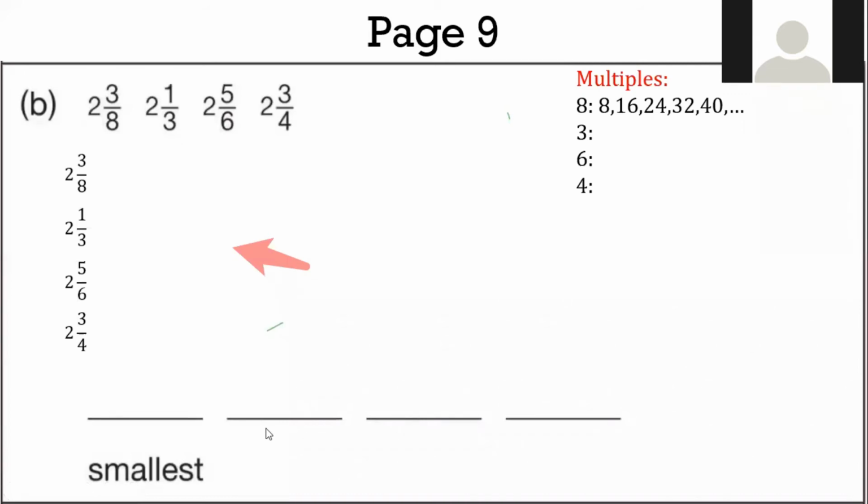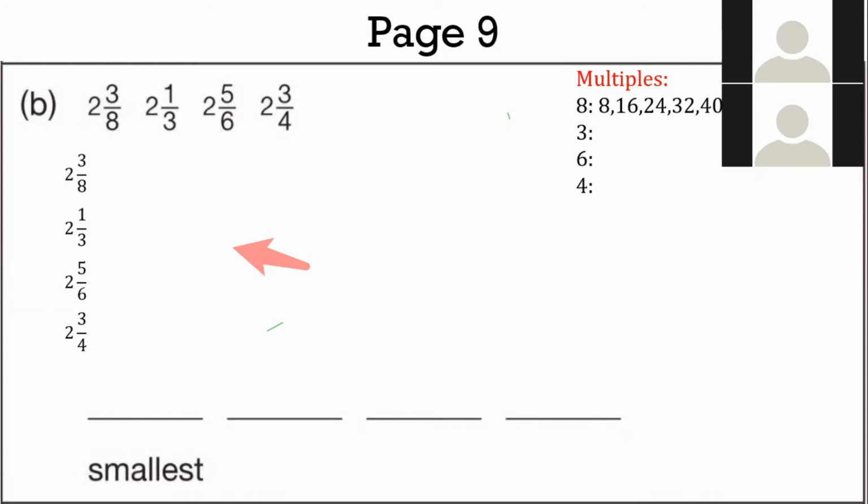Next, can you give me the multiples of 3? 3. 6. Very good. What's next? 9. What's next? 12.